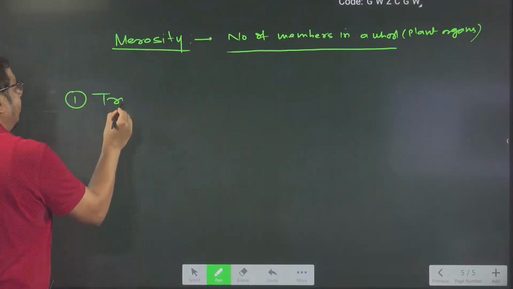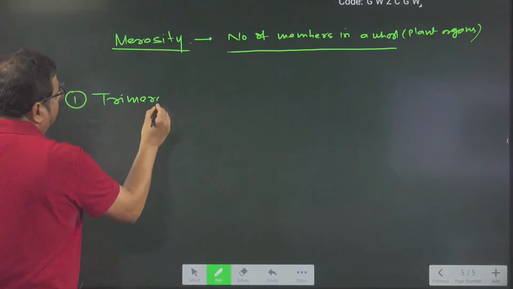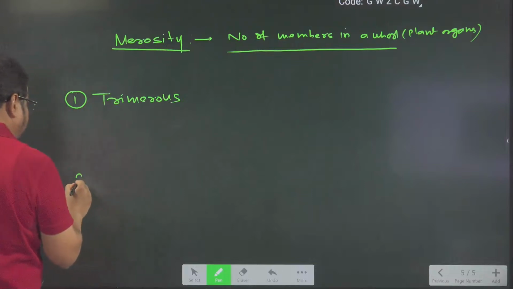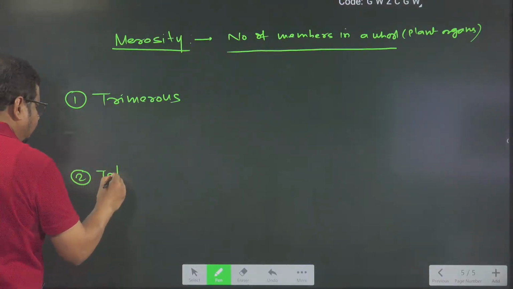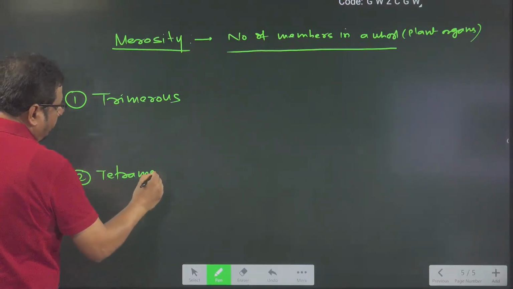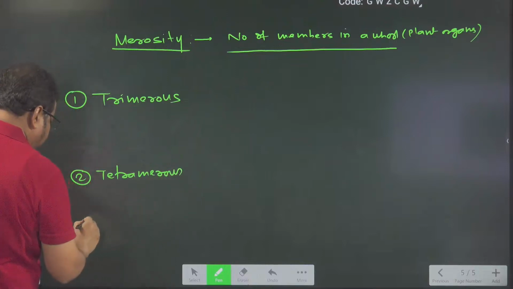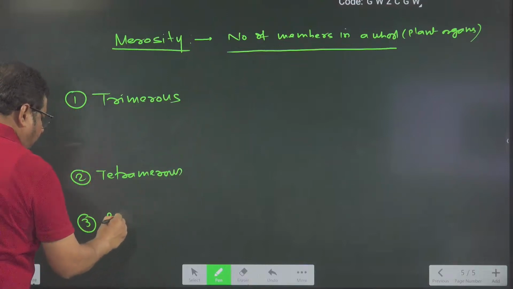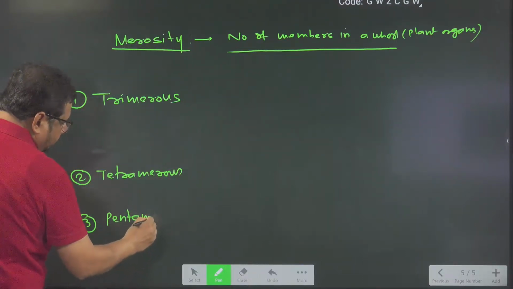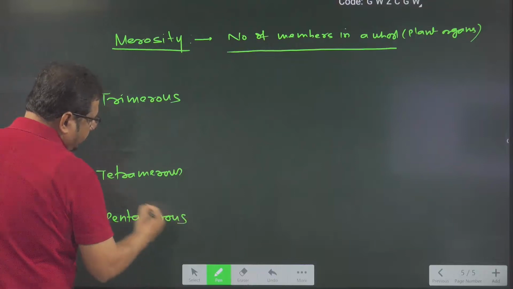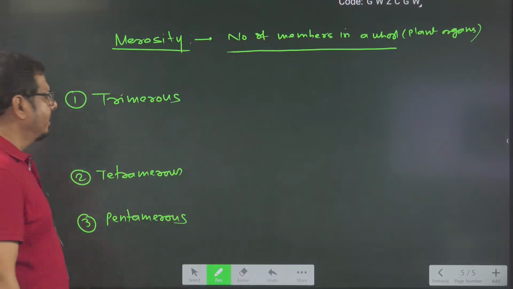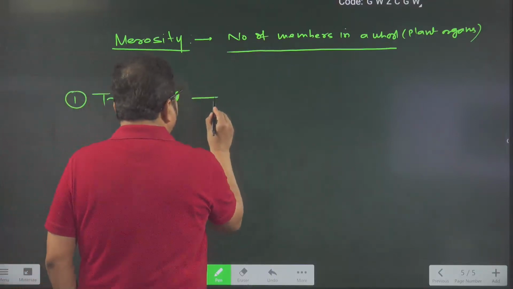One is trimerous, another one is tetramerous, and the next one is pentamerous. Trimerous, tetramerous, and pentamerous. So what is trimerous?